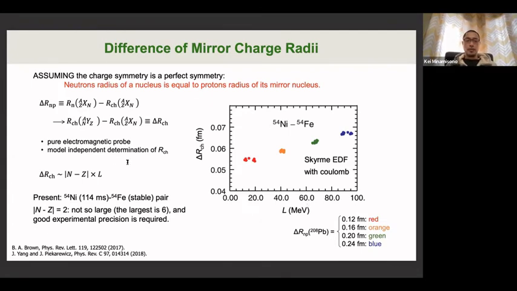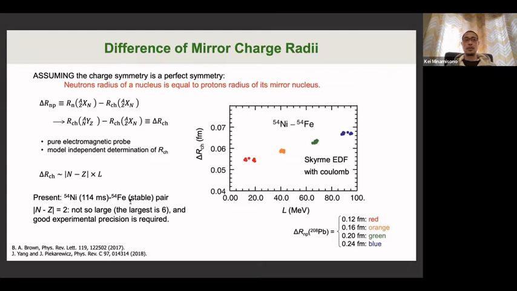In this paper, Alex also showed that the difference of the mirror charge radii is correlated with the difference of the numbers of the neutrons and the protons, essentially the isospin. So once the isospin gets bigger, the slope of this correlation gets steeper and steeper, and that means it is less susceptible to the systematics of the theoretical calculation and in experiments. And also, it is going to be more sensitive to determine L. So in my presentation, I'm showing the result of the radioactive nickel 54 and the iron 54.